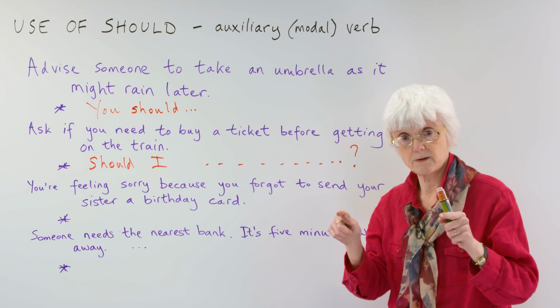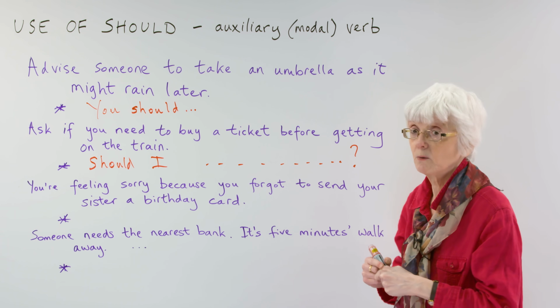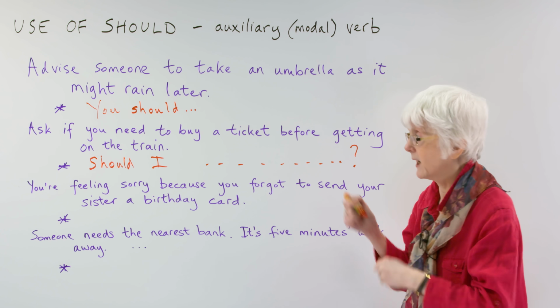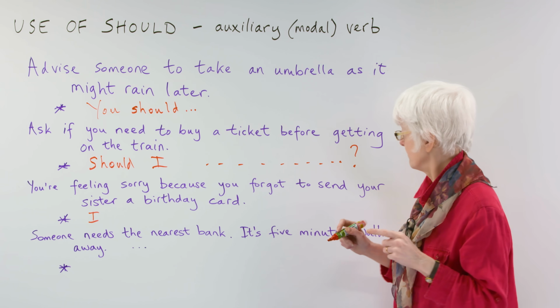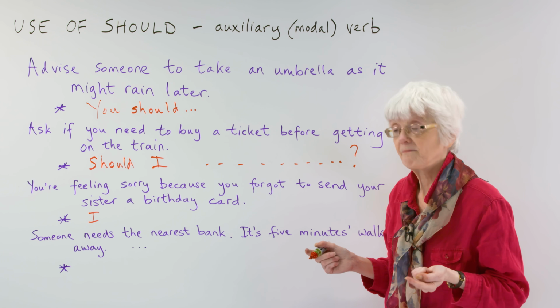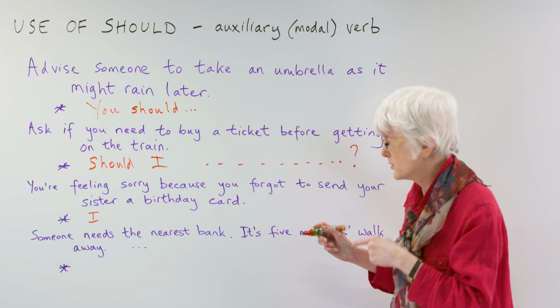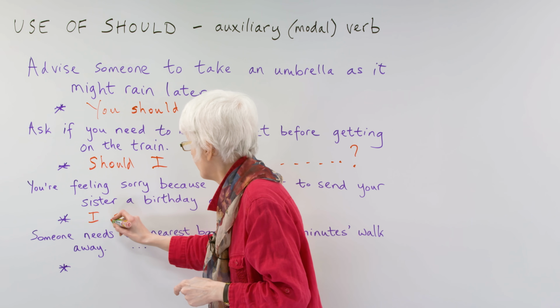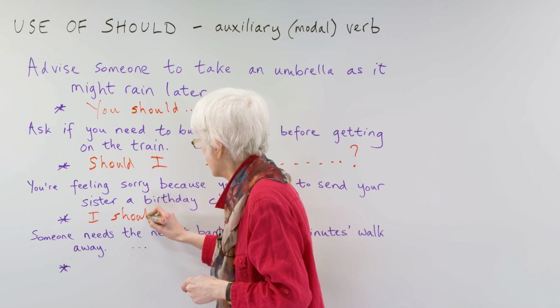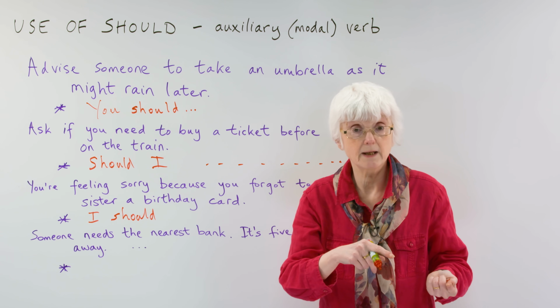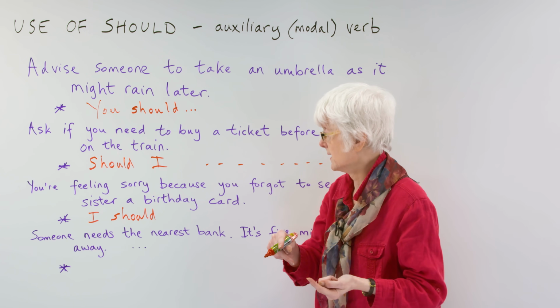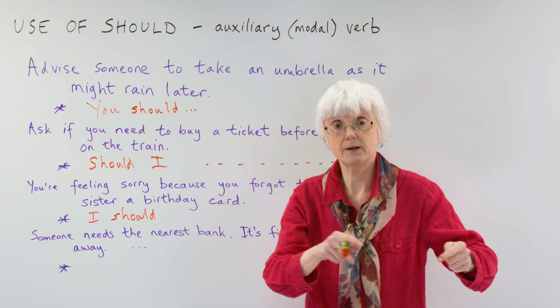So, it's you that didn't do it. So, you start with I. Then it's should. I should. And because it's one of those situations where it's too late now to do anything about it, I should have.